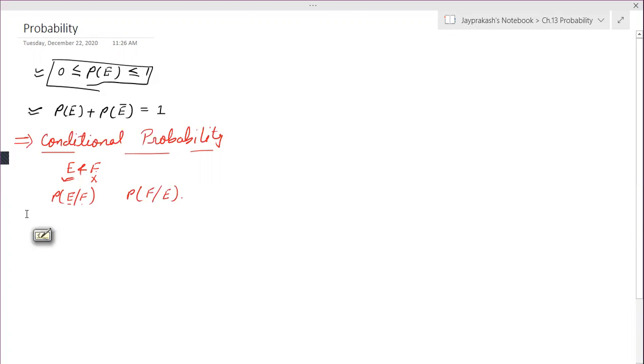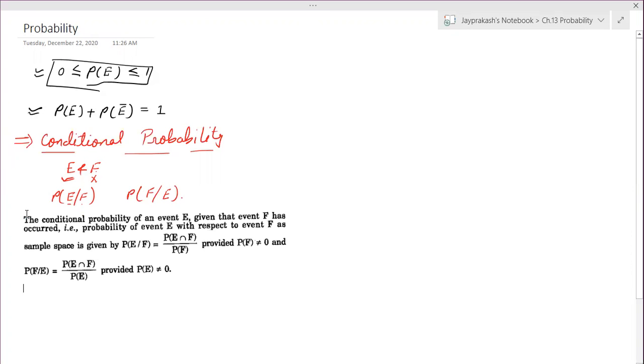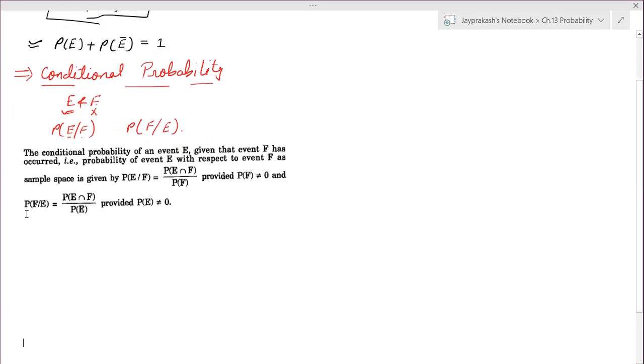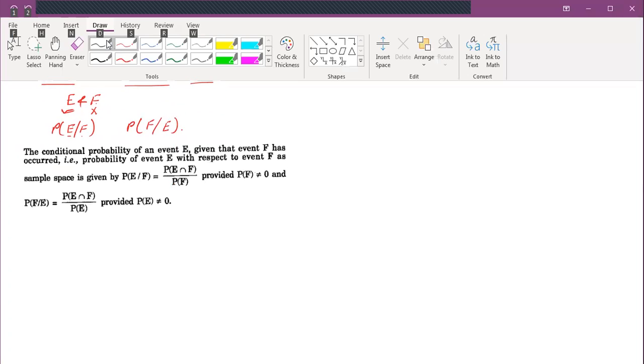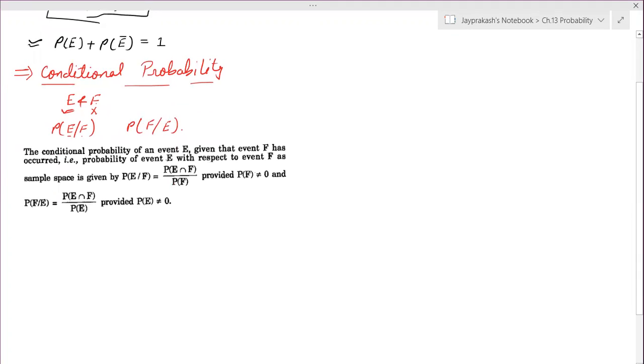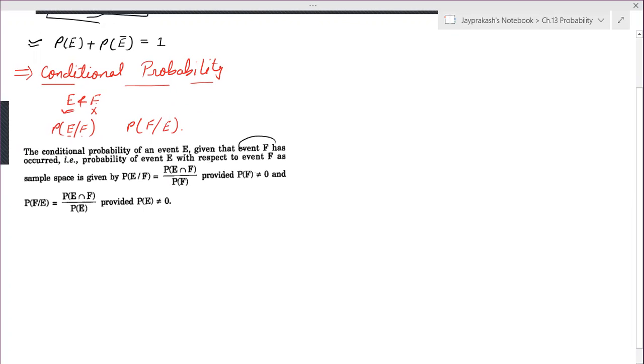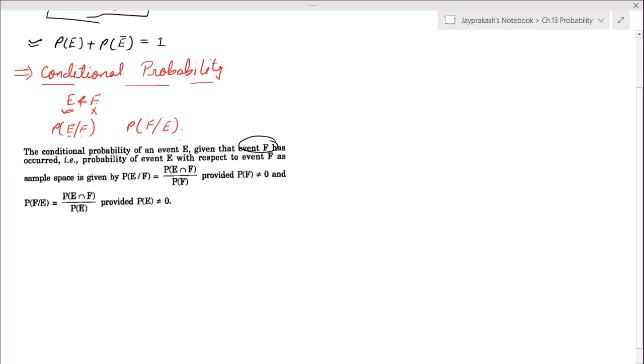And the proper definition for conditional probability is this. The conditional probability of an event E given F means we have to find E when F is given or F has occurred.